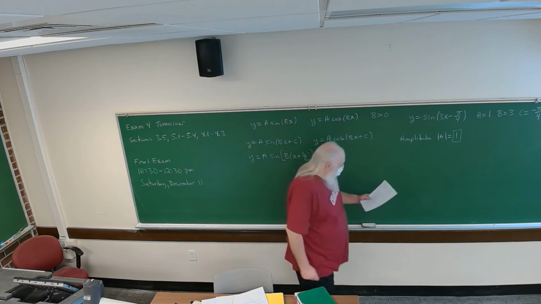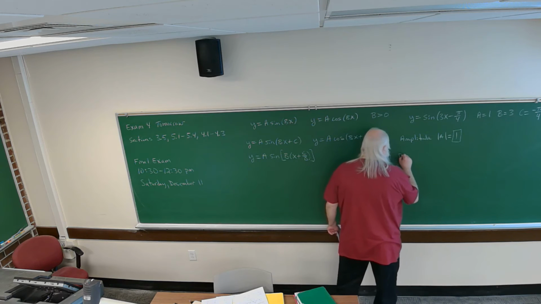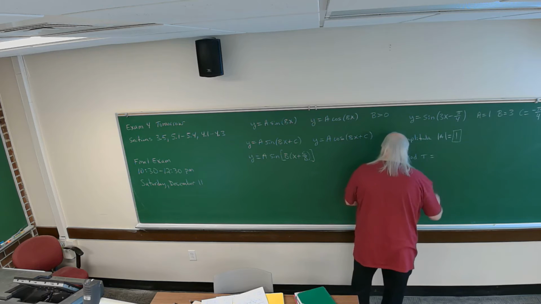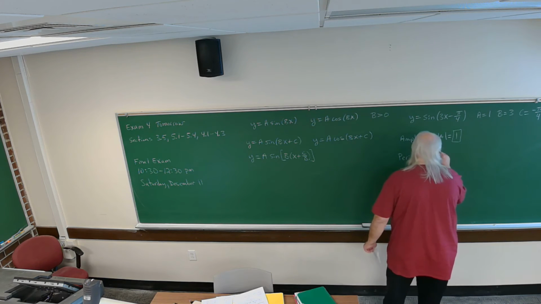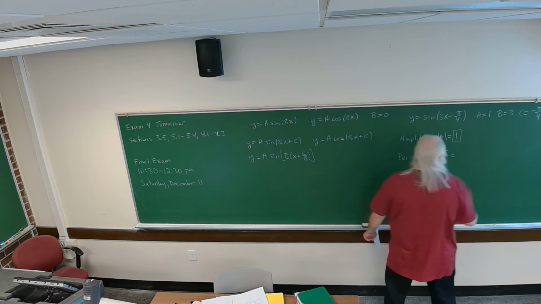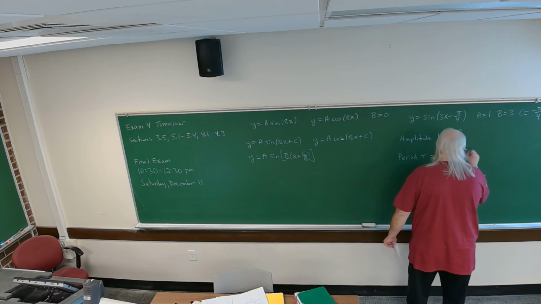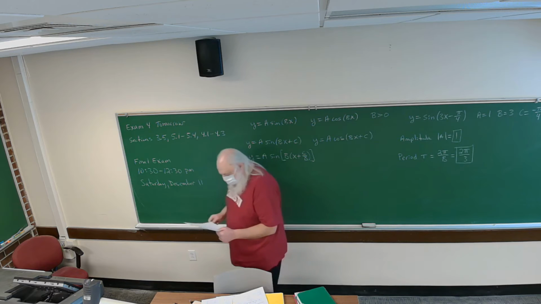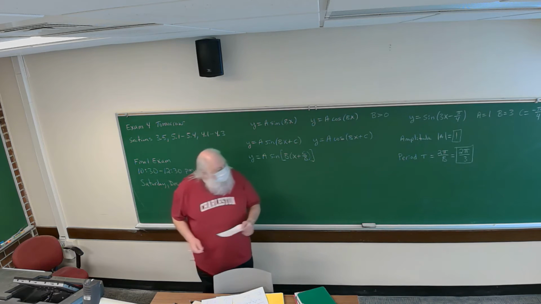The period, the length of one cycle, is equal to 2 pi divided by B. B is equal to 3. So the length of one cycle is 2 pi over 3 radians.